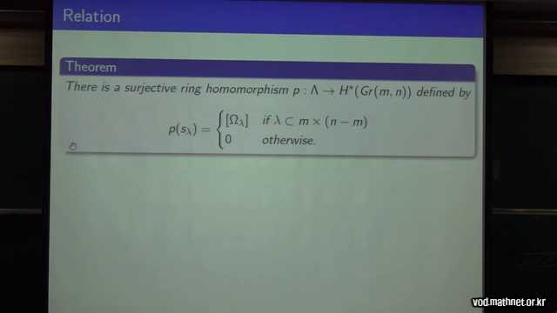So let's say you multiply two Schur functions and expand in terms of other Schur functions. If you know what they are, then you can multiply two Schubert classes in the cohomology of the Grassmannian, which, recall, is basically intersecting two Schubert varieties.